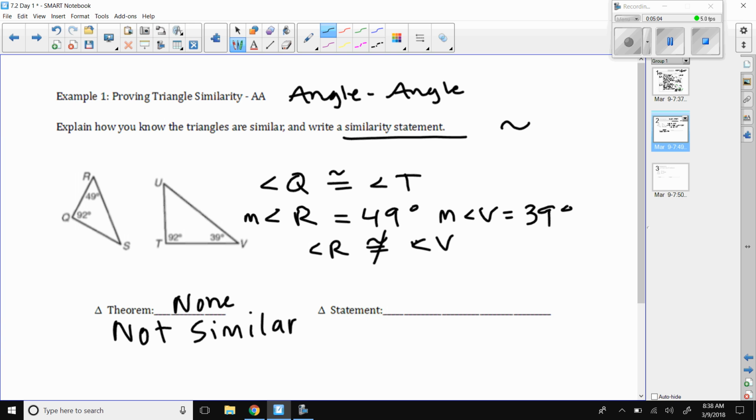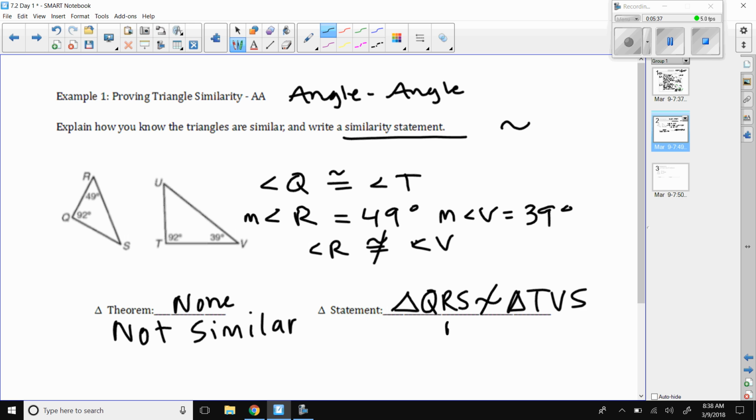If I was writing the similarity statement here, I would say that they're not similar. The statement we would have is maybe triangle QRS is not similar to triangle QVS, since I want to keep the same order: Q matches with T, R should match with V, but it doesn't.